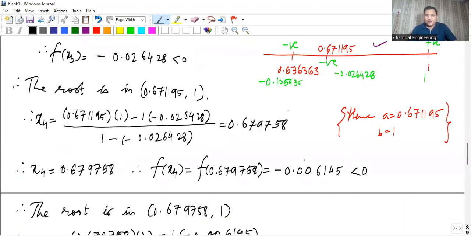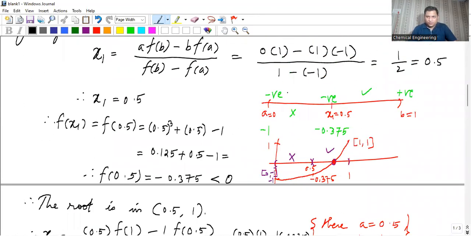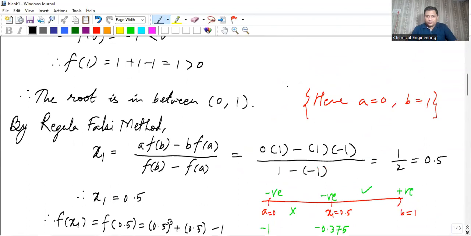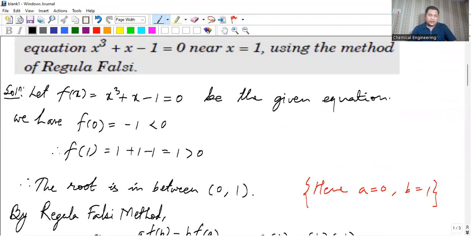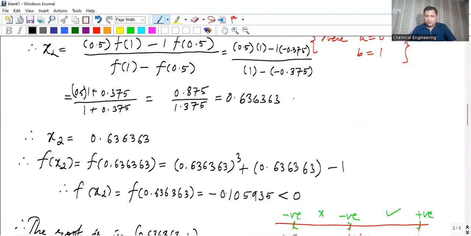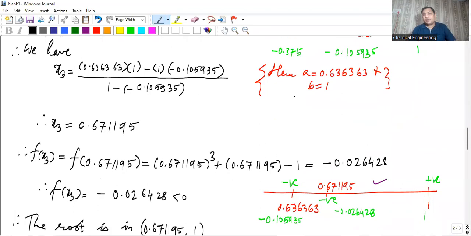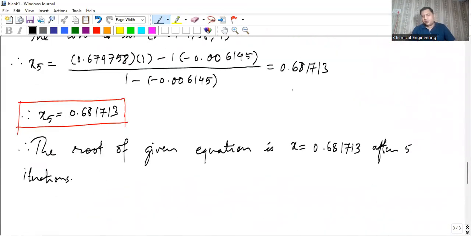So any doubt in this example up to 8? No, sir. Okay, that's good. So generally we have to do 5 iterations. If the accuracy is not mentioned, then we can go for 5 iterations by any method.